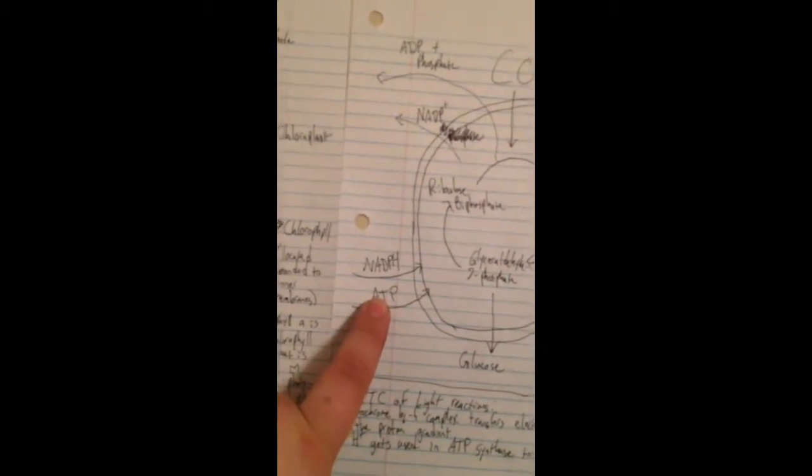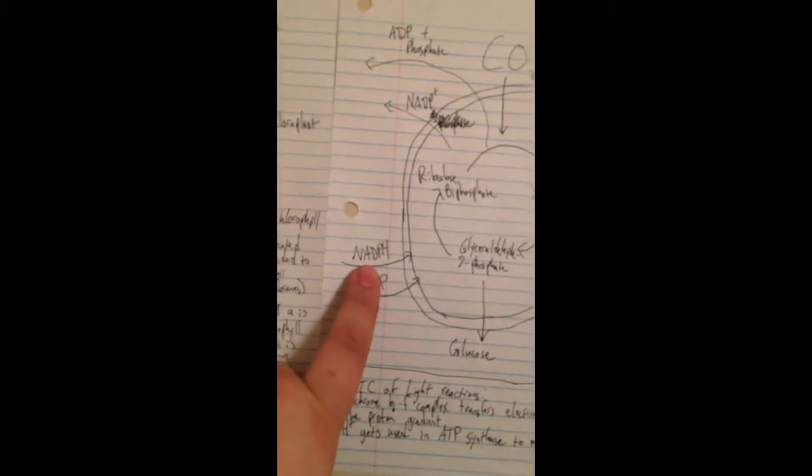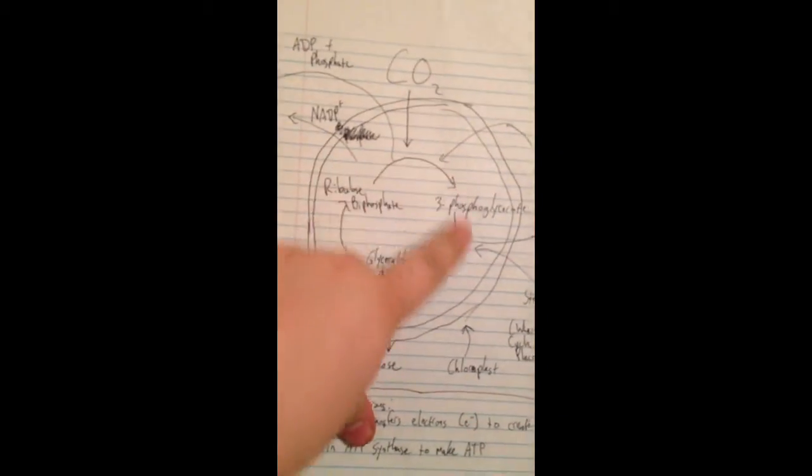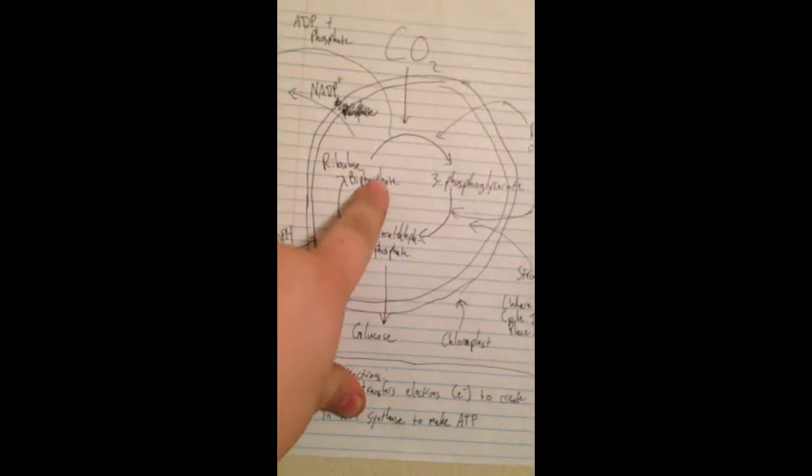In the Calvin cycle, your CO2 is what's brought in along with the NADPH and ATP. ATP, of course, made in the electron transport chain, and NADPH made with that NADP reductase. In the Calvin cycle, it's just going to be a cycle with basically these three main parts that were mentioned in the lab.